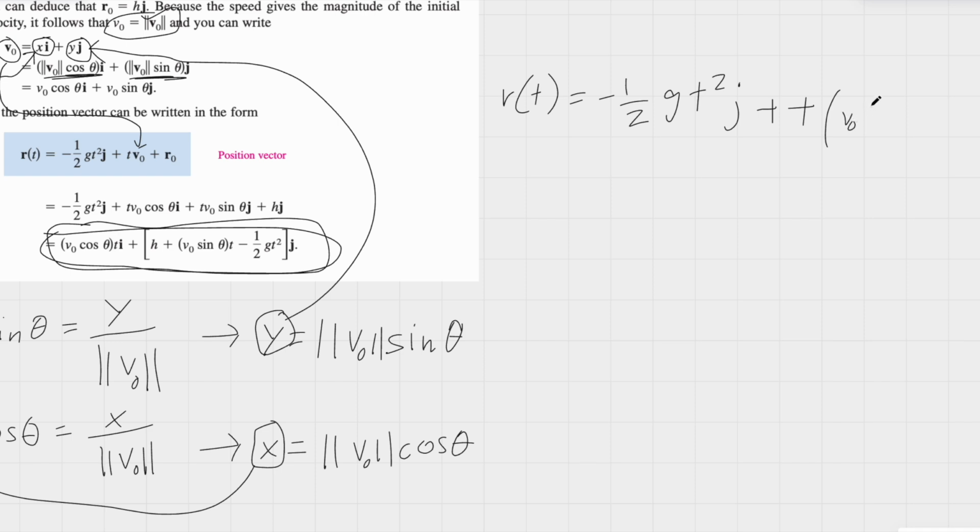v naught cosine theta i plus v naught sine theta j plus r naught, which is the initial height, can just be h, and the component will be j because height is in the y direction.